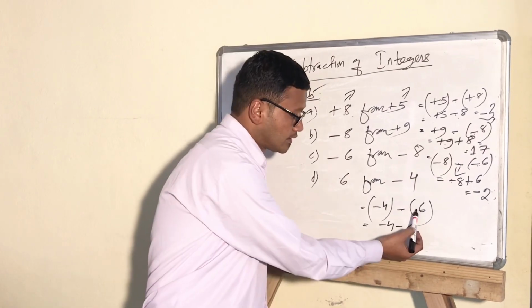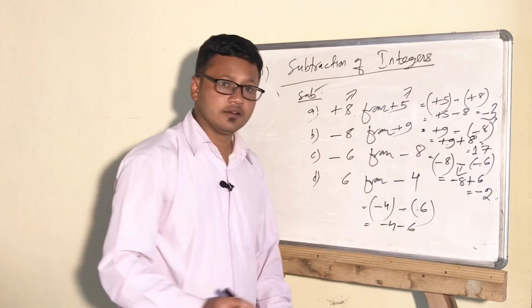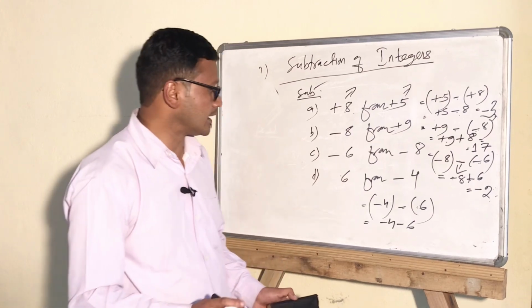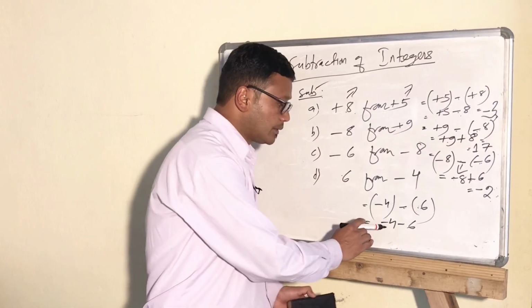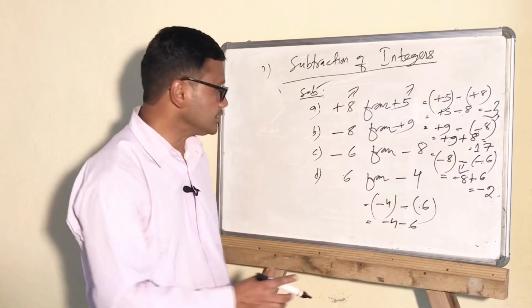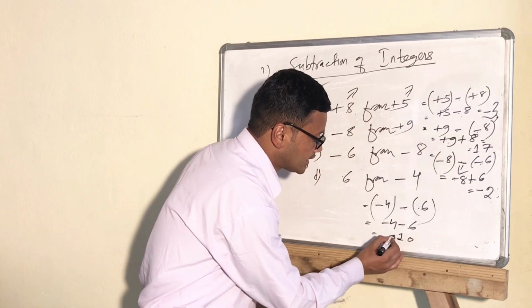Imagine there is a plus sign always because this is the positive number, then minus into plus, minus. Now minus 4 and minus 6 we have to add. I told you in my last video that whenever the sign is the same we have to add and put the same sign. That means minus 4 and minus 6 is 10, and the sign is minus.